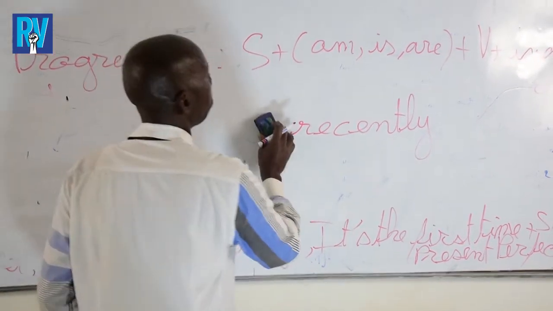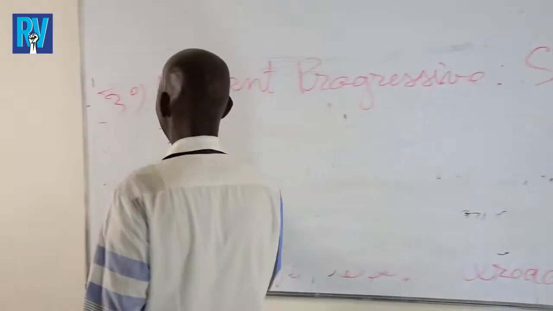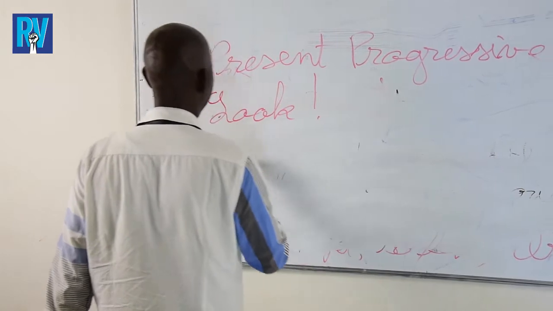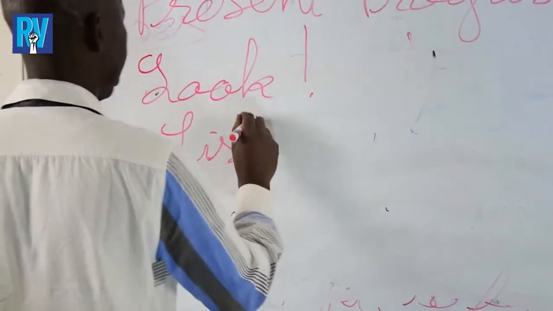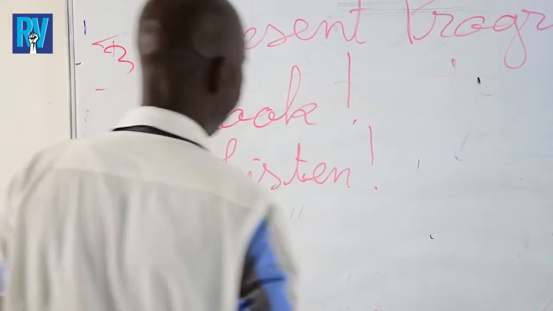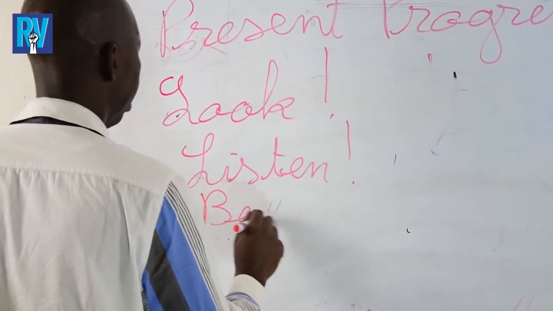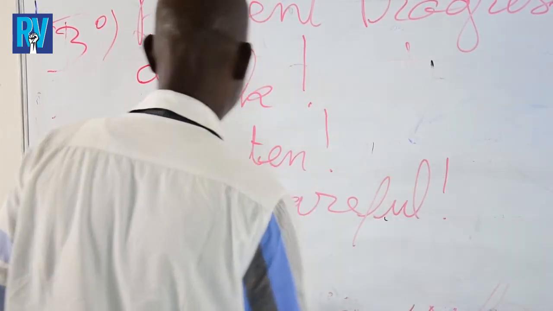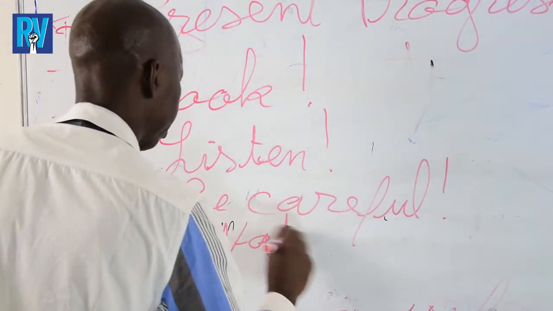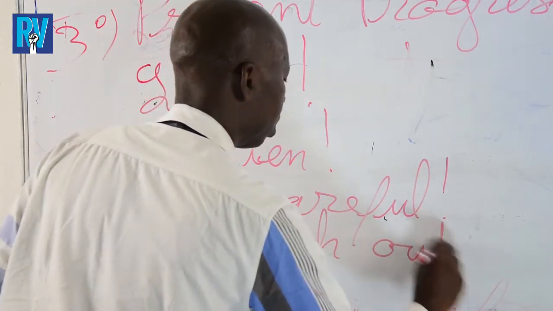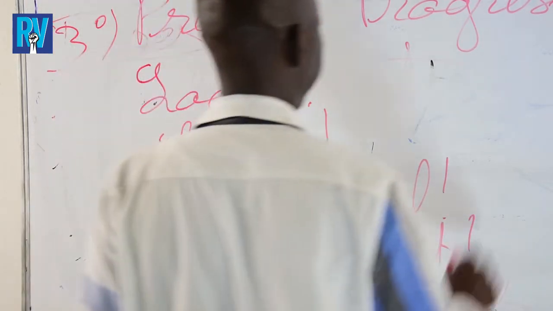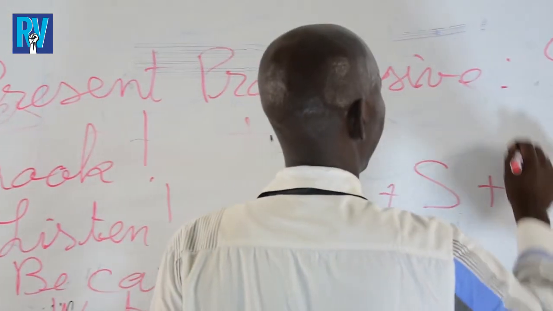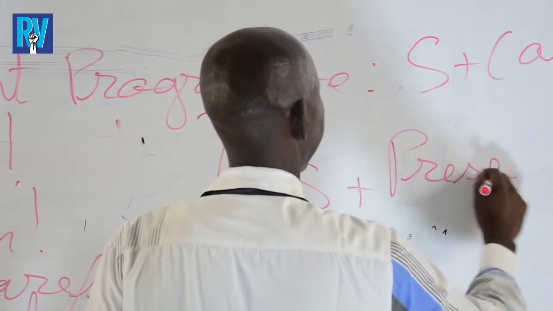Donc, pour le present progressive, when you have look, exclamation mark, listen, exclamation mark, be careful, exclamation mark, watch out, exclamation mark. And you have the subject, you have to use the present progressive.